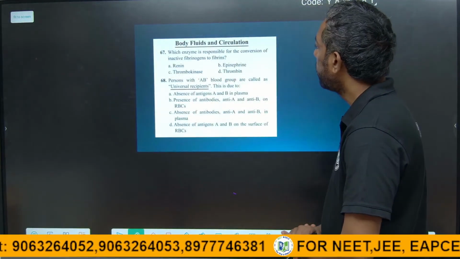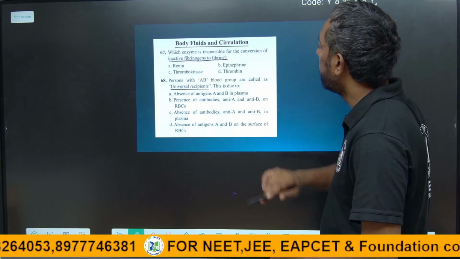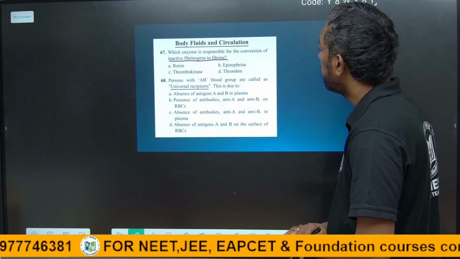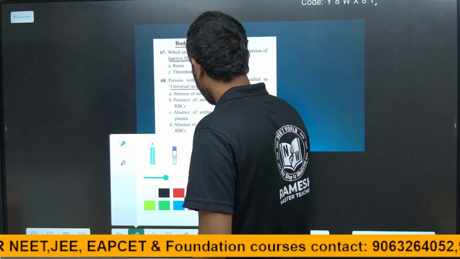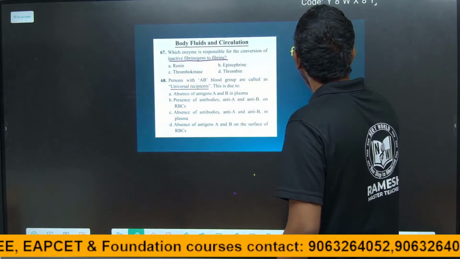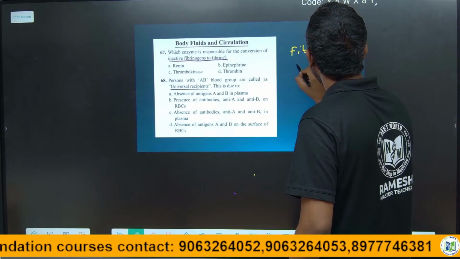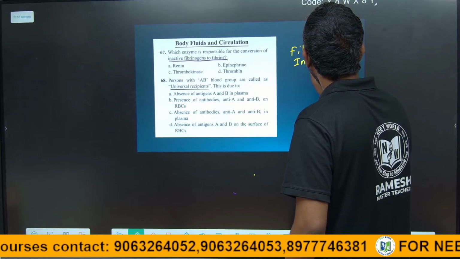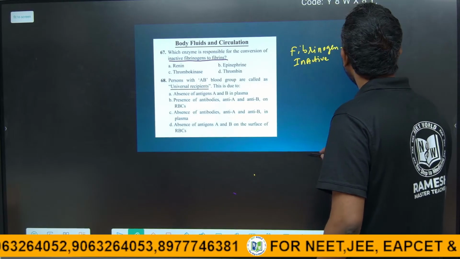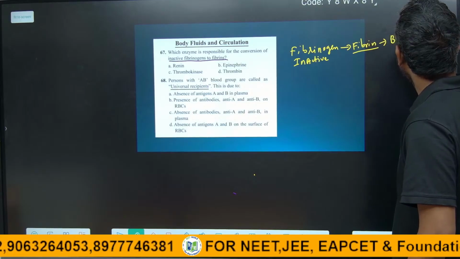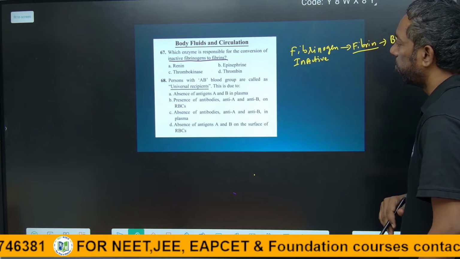Okay. Yeah. Which enzyme is responsible for conversion of fibrinogen into fibrin? This is fibrinogen. Fibrinogen is the inactive form, converted into fibrin. Fibrin is used for blood clotting.